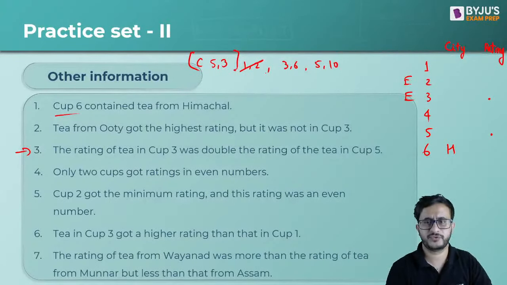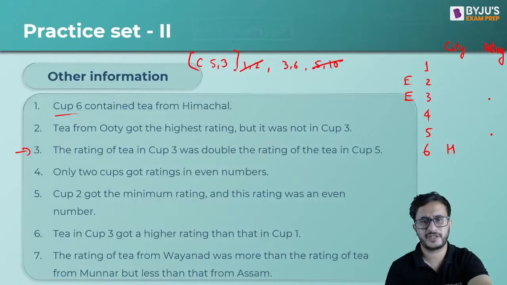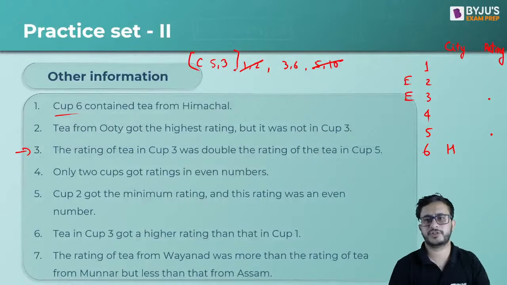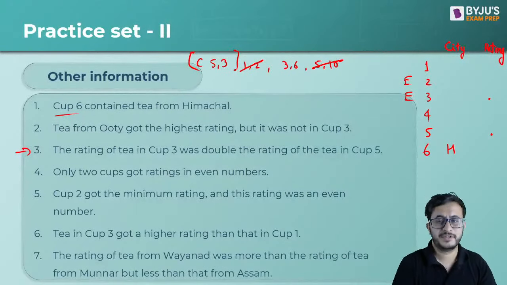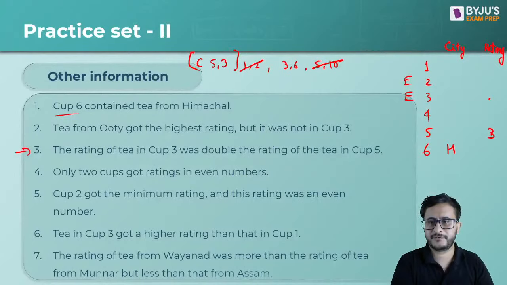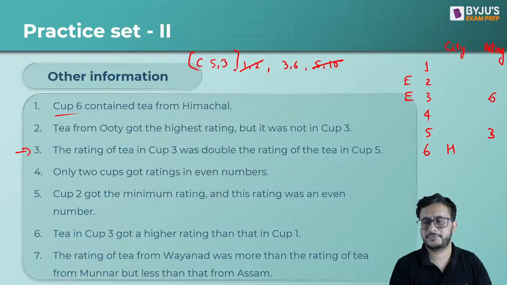If it is 2, then cup 3 will get the least, so that is not possible. And Ooty got the highest rating, it was not in cup 3, so it cannot get the highest rating as well. So extremes are eliminated, so the only possibility is 3 and 6. So you have 3 in cup 5, and 6 in cup 3.